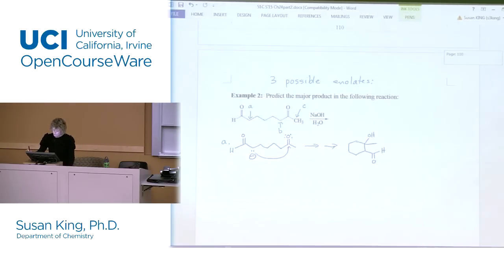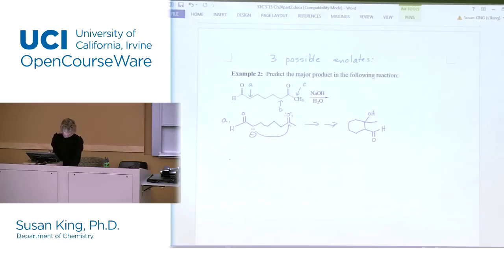Let's do B now. Okay, so that's if the enolate forms at the B position and it attacks the carbonyl.